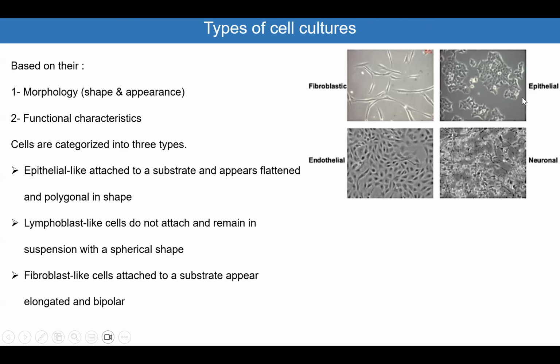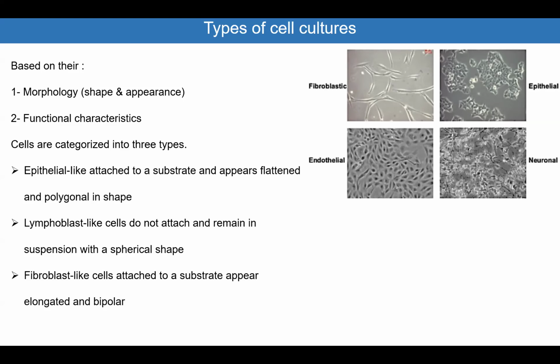And you can tell that this is an epithelial cell because it's polygon-like, attached to a plate. It becomes more difficult when you go to specialized cells like endothelial and neural cells, because their culture is a little bit more difficult. There would be some more requirements in terms of the environment.